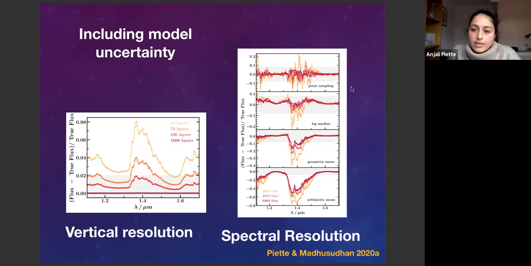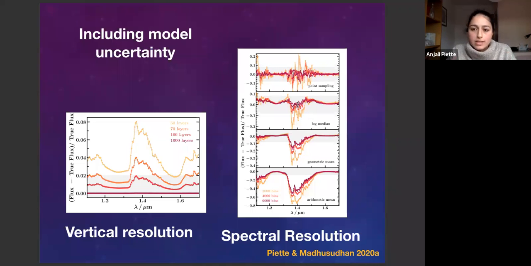We found that in general, the point sampling and log median methods gave us the best accuracy. In particular, once we got to a larger number of bins, like 4,000 bins in the JWST3 spectral range, so 1.1 to 1.7 microns, we found that the log median performed a little bit better. So that's what we've chosen to go for: 4,000 spectral bins with this log median method.